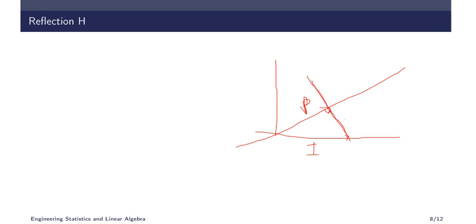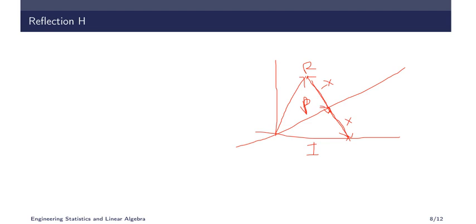If I consider this as x, this will be minus x, because they are in opposite directions. So this point is actually the reflection point, and I can call this vector from the origin to that point the reflection r.